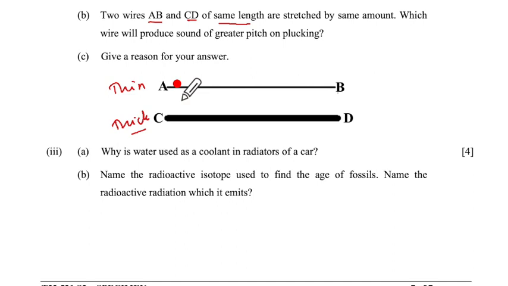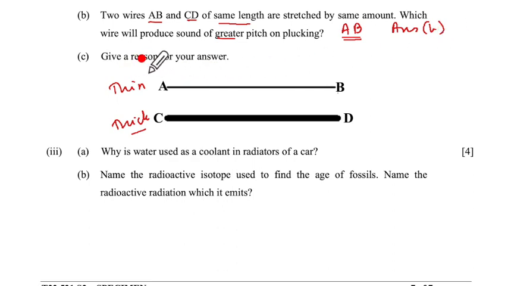And we know that if the area of cross section is less, then the pitch is greater, as pitch is inversely proportional to it. So thinner the wire, less area of cross section. So AB will have the greater pitch. So your answer B is going to be AB.